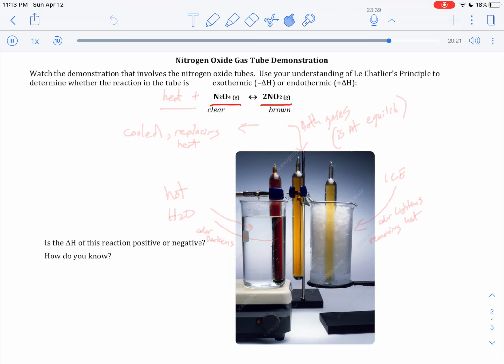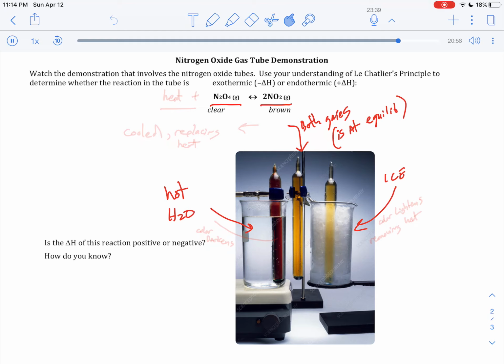This middle tube is a mixture that has both gases, and it's at equilibrium. In the beaker on the right, this is ice water, an ice bath. And the beaker on the left is hot water. So it's being heated and it's being cooled.